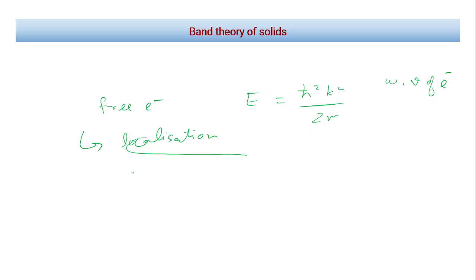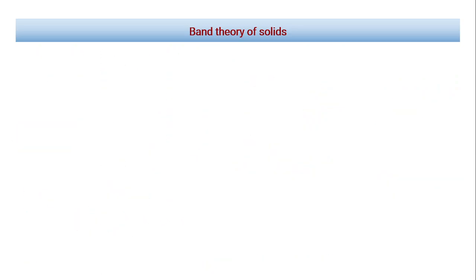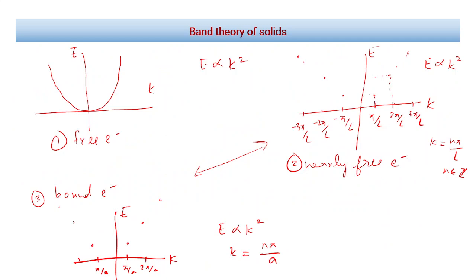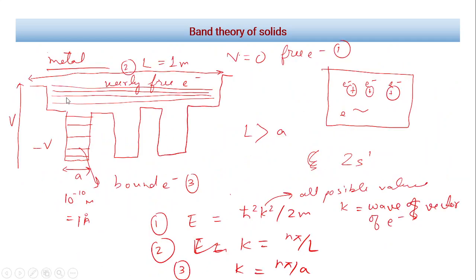We see this kind of localization when we have electrons inside a metal body. Then our electron is not free anymore. We have electrons completely bound to the atoms, the innermost electrons, and then we have valence electrons which are free to move around and not localized to their atoms, so they can be called nearly free electrons.